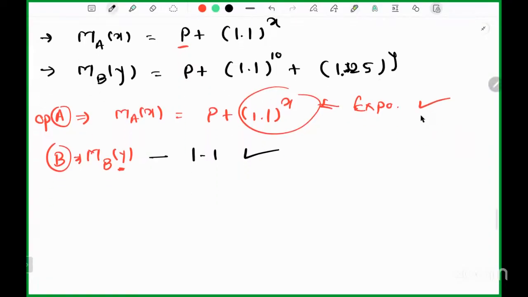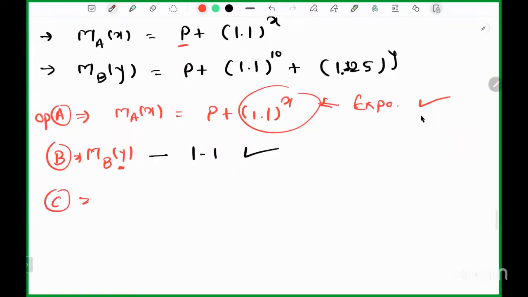Now what does the C option say? C option says that MA of 12 is equal to P into 1.1 to the power 12. Right? MA of 12 is actually not P multiplied by 1.1 to the power 12.